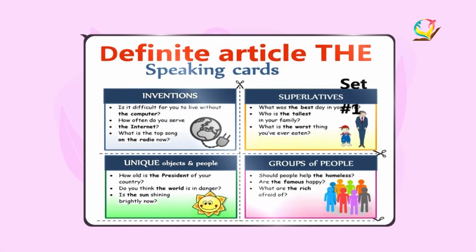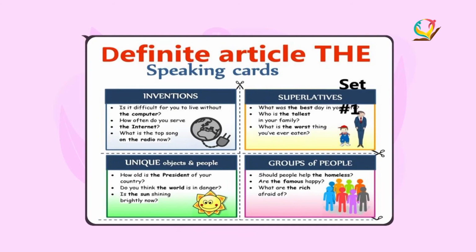The has different other usages. Also notice, definite article the is used also with inventions. نستخدم the مع أسماء الاختراعات. Like the example, how often do you serve the internet?